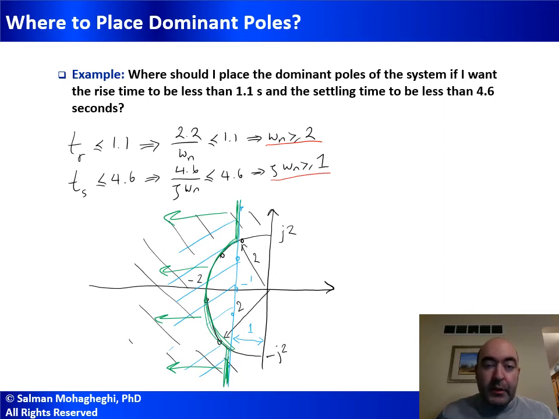Depending on where the dominant poles are located, the system is going to have certain transient behavior. If I want the desired transient behavior, I would have to design a controller that relocates these dominant poles to the more appropriate region. The best way to do this really is using this geometrical kind of analysis.